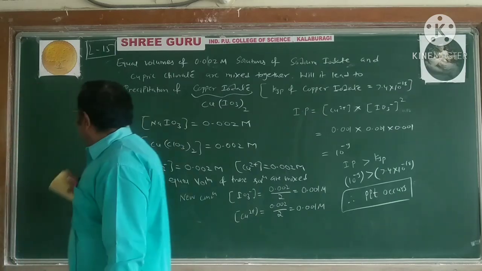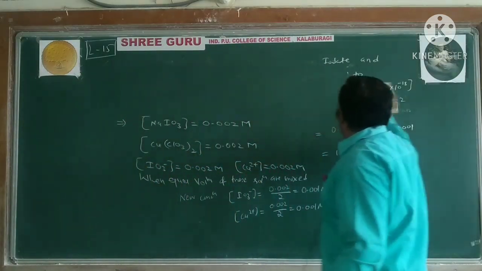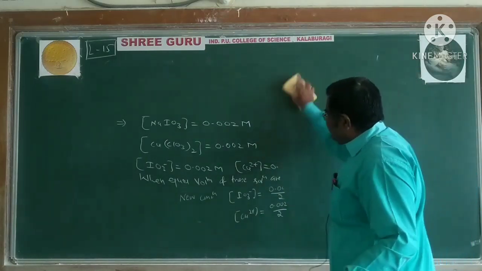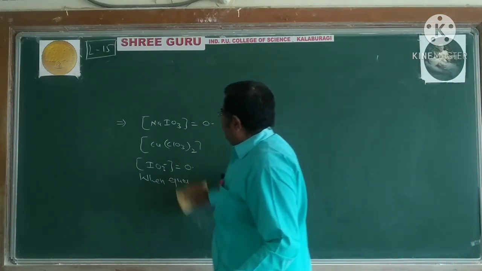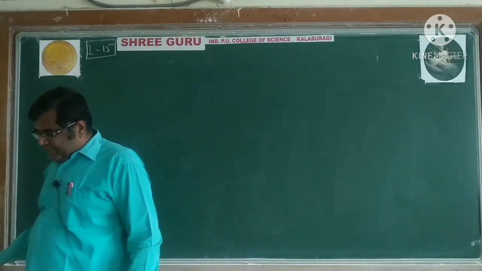What is the minimum volume? Or we will do first regarding precipitation only. See this question. This is a textbook exercise also.